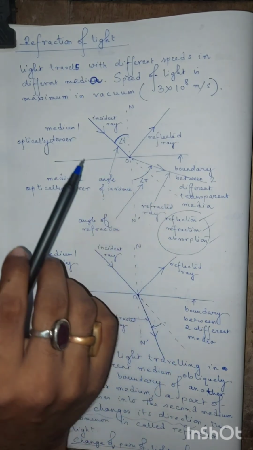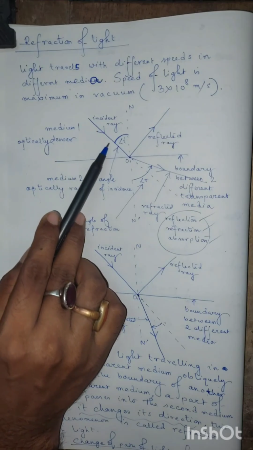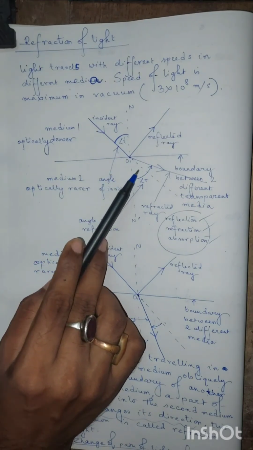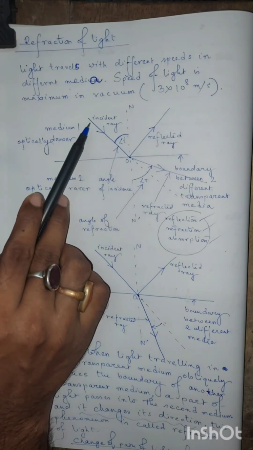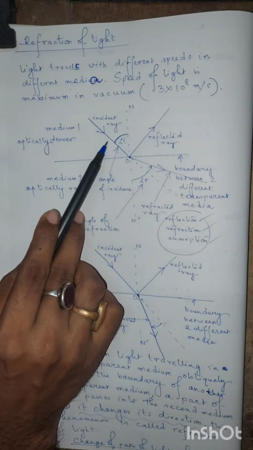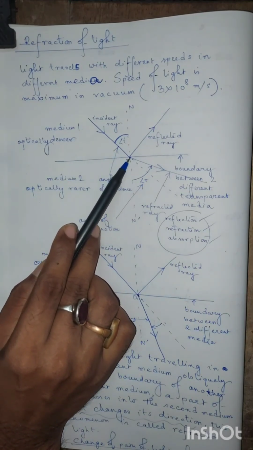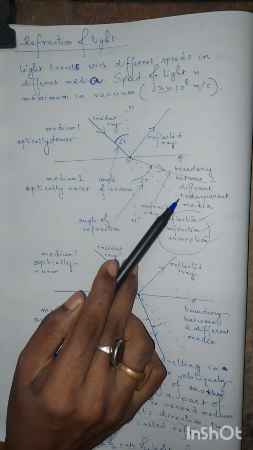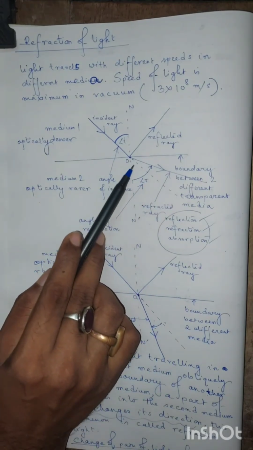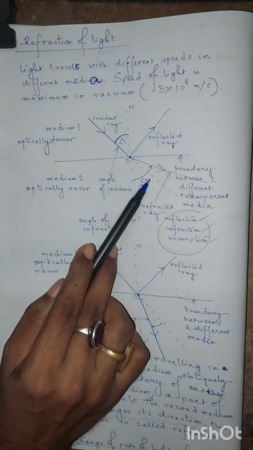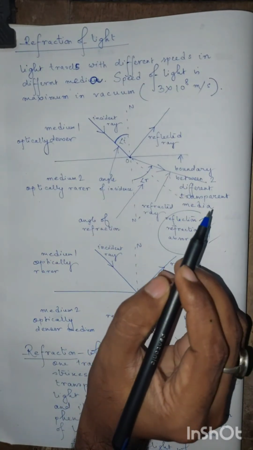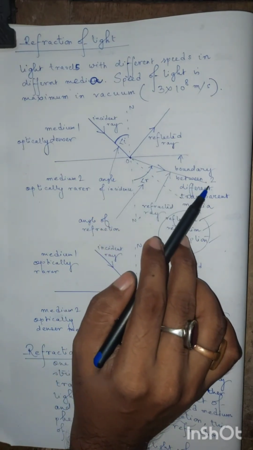Okay, this is the path. I have drawn it by dotted line. The path that the incident ray should be following is this, which is shown by the dotted line, and this is the actual path.